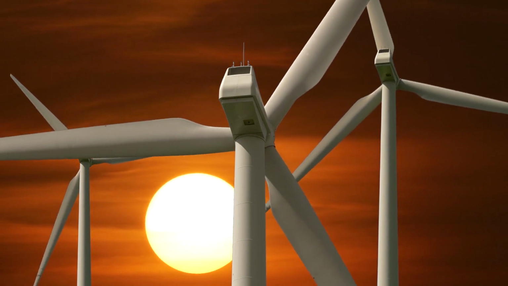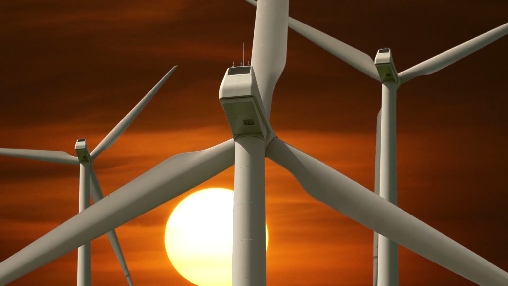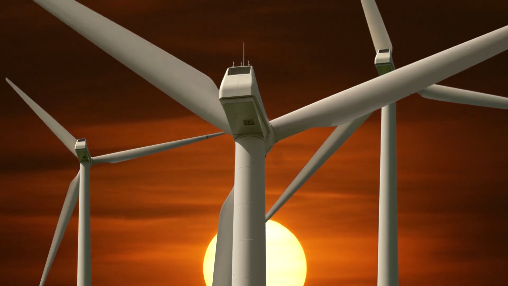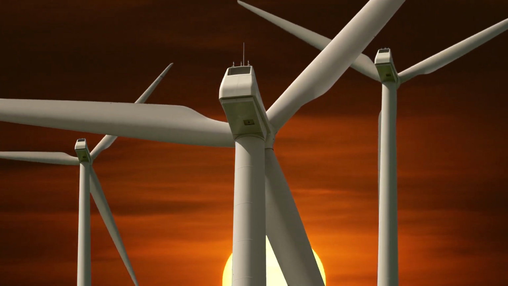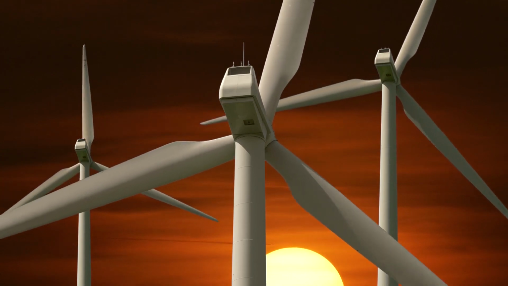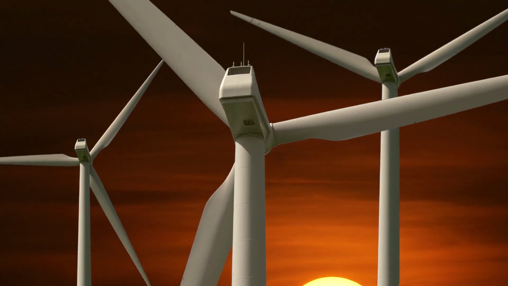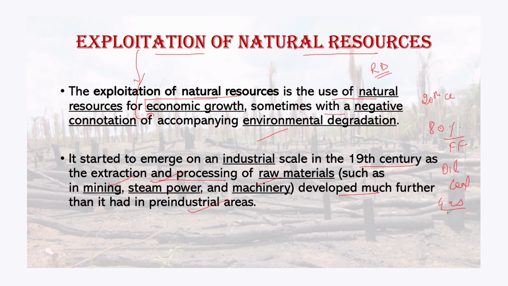Today, about 80% of the world's energy consumption is sustained by extraction of fossil fuels, which consist of oil, coal, gas. Another non-renewable resource that is exploited by humans is subsoil minerals, such as precious metals that are mainly used in the production of industrial commodities.